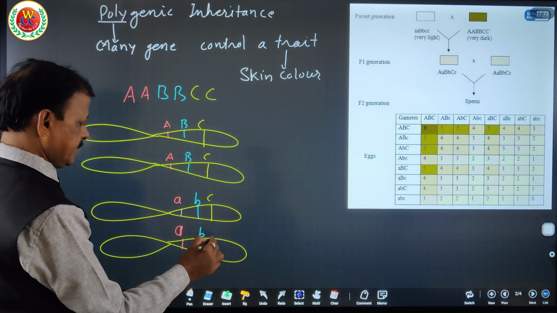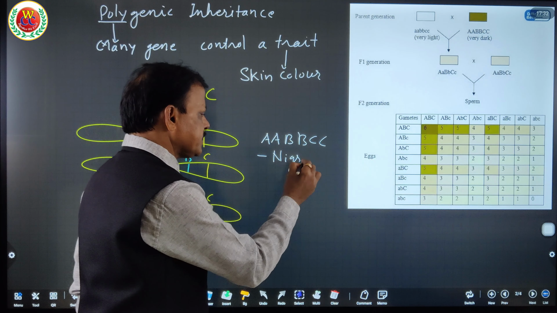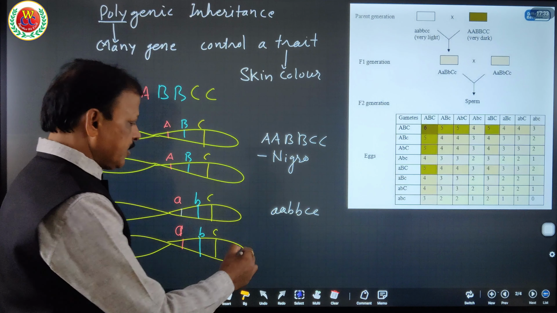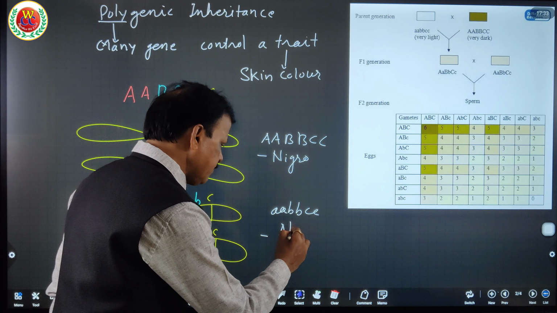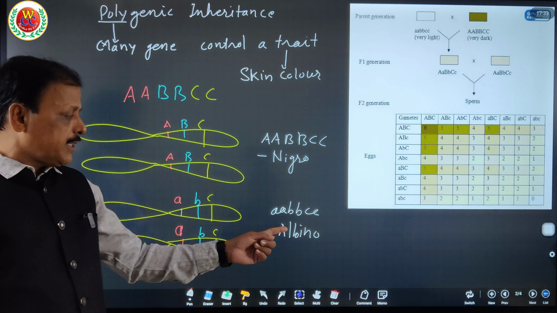See, these genotypes are with capital A, capital B, capital C, all in dominant form, producing maximum melanin pigment. Therefore, the person who will have this skin color is Negro. And the person with genotype small a, small b, small c will be very light, that is called albino, meaning has no melanin pigment in his skin, and therefore it is very light color.